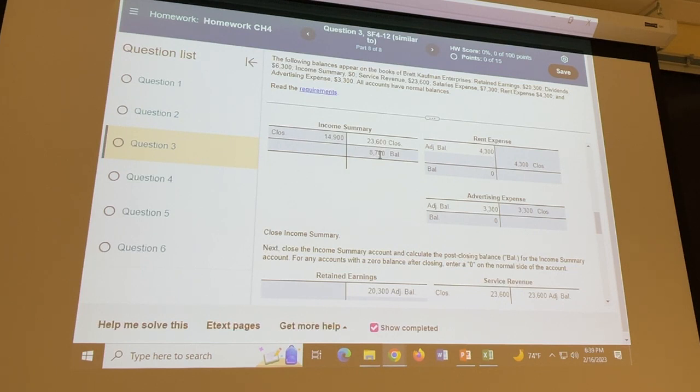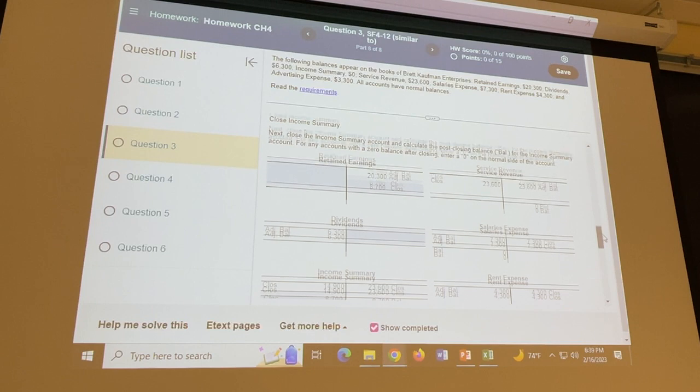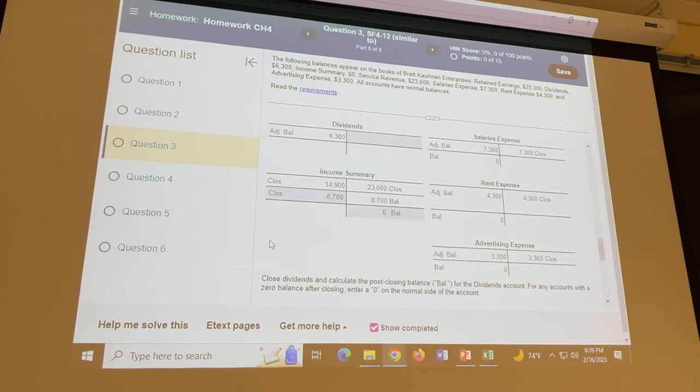And then you balance it where it says 8,700 balance. You calculate that. That means that's the amount of net income we got for the period. But then when you close it out, to zero out the income summary, you'll have to make an $8,700 debit entry to it.